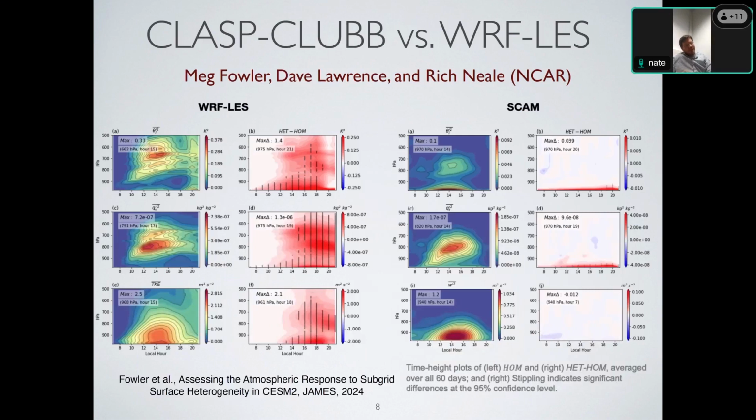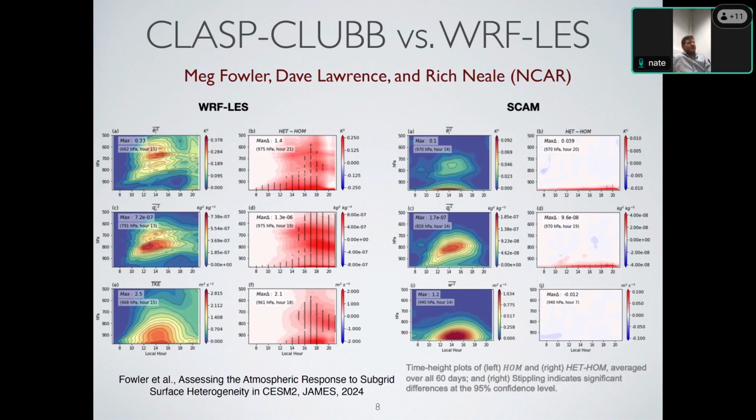As I'll talk about when I talk about the LES part of CLASP, we ran WRF LES over the SGP site in Oklahoma, and we prescribed homogeneous versus heterogeneous surfaces. And then we looked at how the atmosphere responded with one versus the other. What you're seeing on the left is a representation of what WRF LES was seeing. The main story is the idea of secondary circulations, mesoscale circulations.